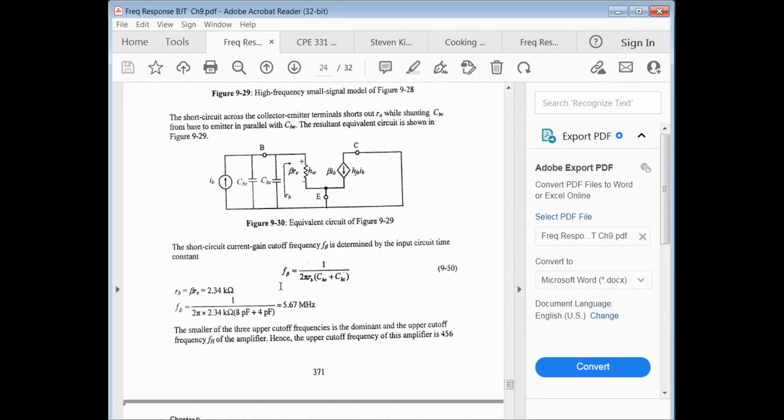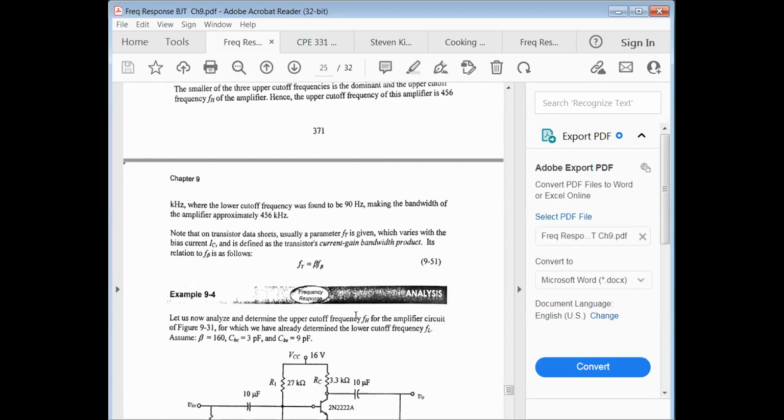And so the high frequency pole due to roll off at beta is just 1/2 pi R sub little b times C sub BE plus C sub BC. Here's C sub BE, here's C sub BC. Okay. Here's our little rb, which is beta times RE. So the pole seen by this capacitance here is this resistance. And so our upper cutoff frequency due to our current gain rolling off, or F sub beta, is 5.67 megahertz.